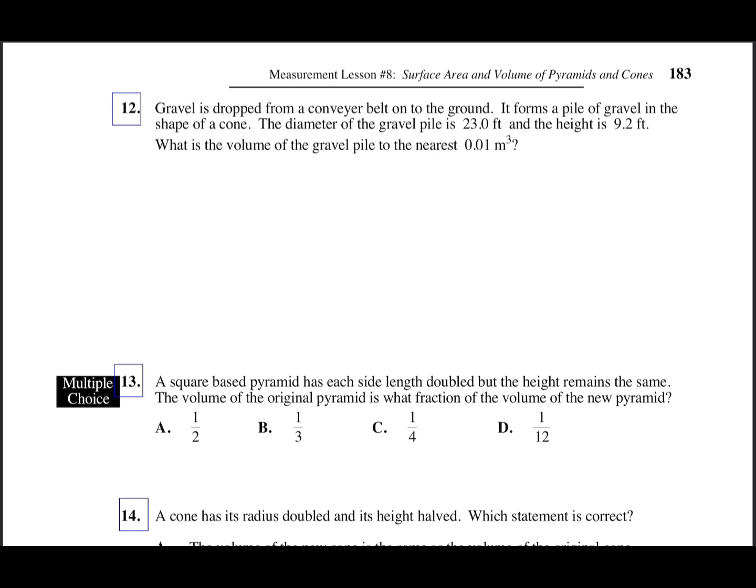And for this one, this is a cone, and the diameter is 23 feet, so R is 11.5 feet, and the height is 9.2. We need to find the volume in cubic meters, so we need to convert the feet to meters later.